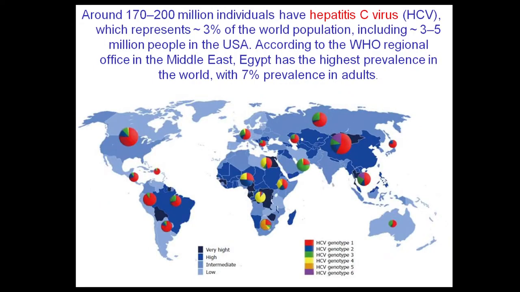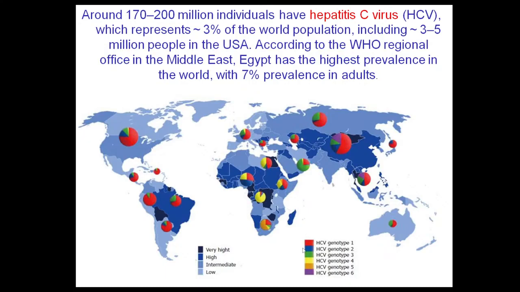Around 170 to 200 million individuals have hepatitis C virus. That represents around 3% of the world population, including 3 to 5 million people in the United States. According to the WHO Regional Office in the Middle East, Egypt has the highest prevalence in the world with 7% prevalence in adults. You can see it here, right? But then you can see here the distribution of different types of genotypes is also not the same.